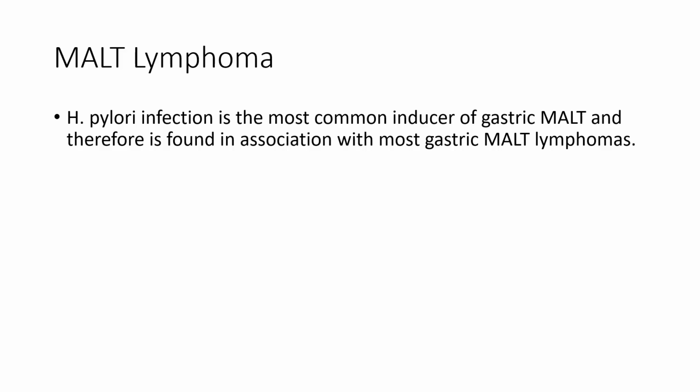The B lymphocytes actively proliferate and may occasionally undergo neoplastic transformation due to acquisition of genetic abnormalities. The first-line treatment is treating the H. pylori with antibiotics and PPI. So gastric MALT lymphoma is a good example where antibacterial therapy is effective in treating a neoplastic condition.